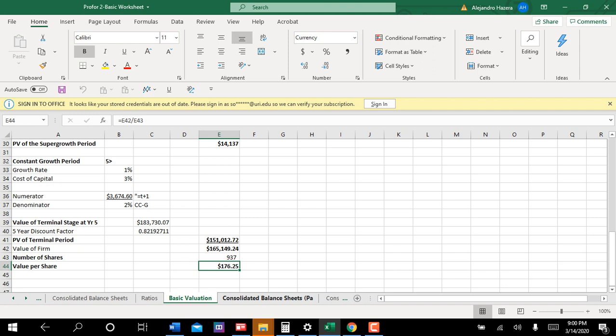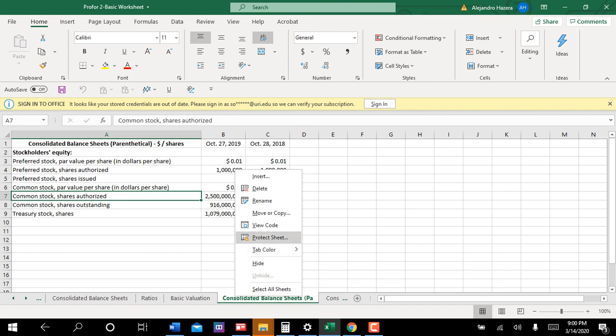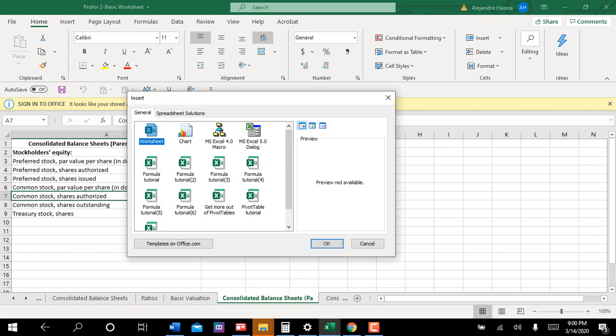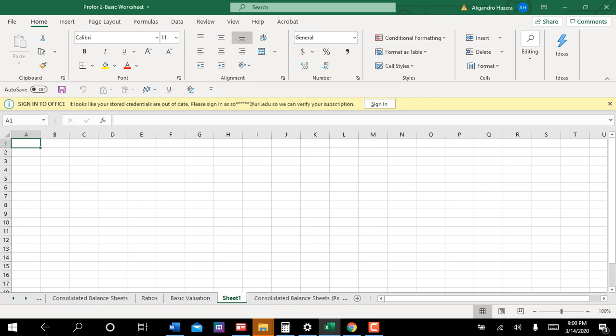Let's start by going over to Consolidated Balance Sheet Parenthetical and inserting a worksheet here. Right-click on it, insert the worksheet, and you'll see Sheet 1.